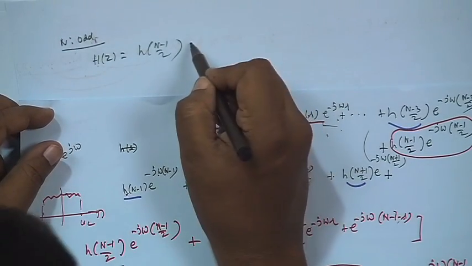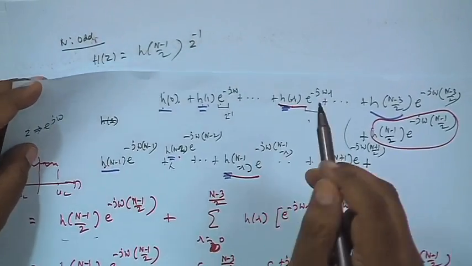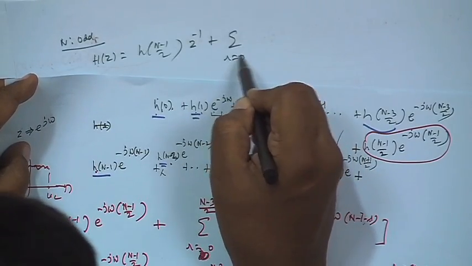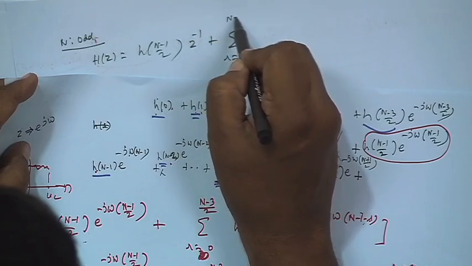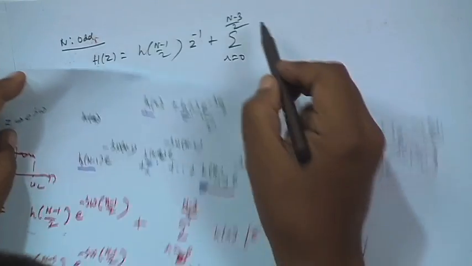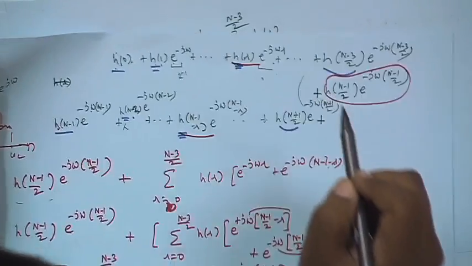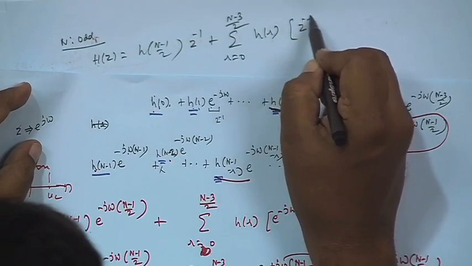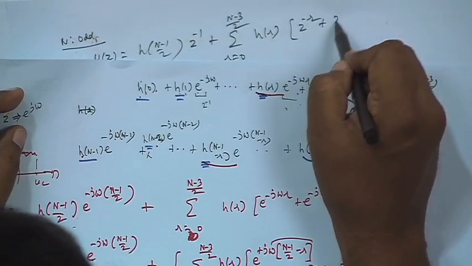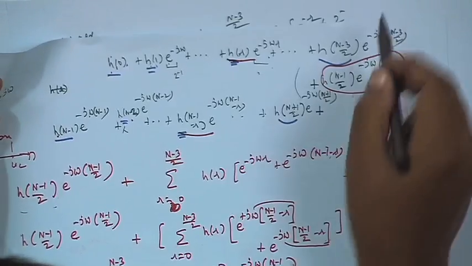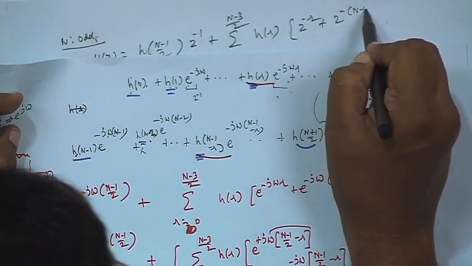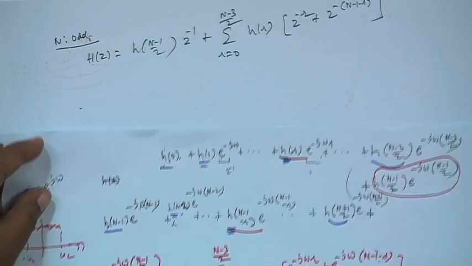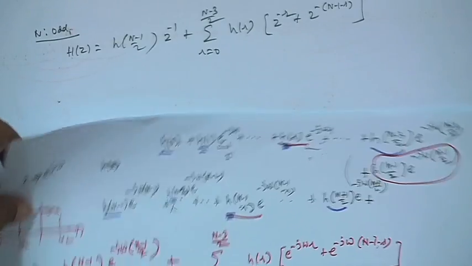There is a way to get back the Z transform. And the summation h r, this will be z to the power minus r, and this will be z to the power minus (N minus 1 minus r).